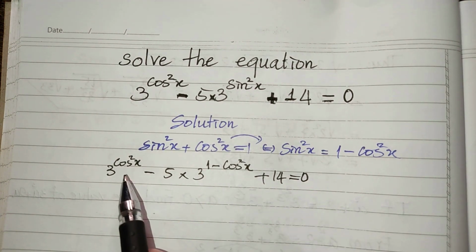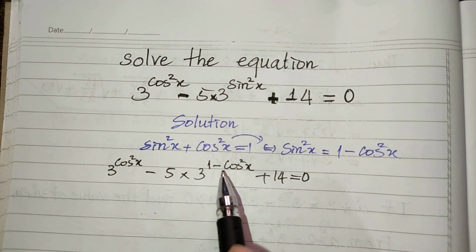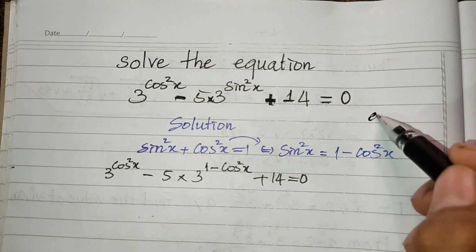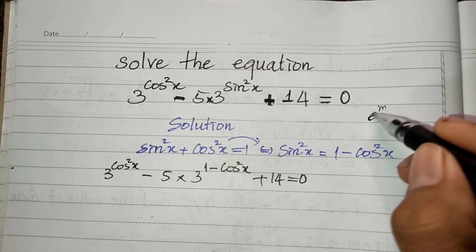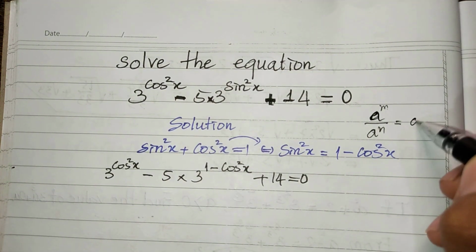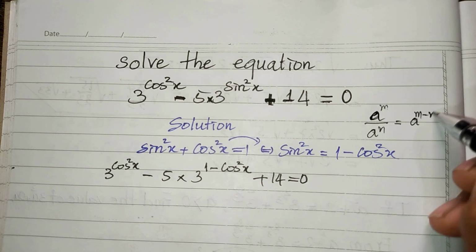Now I use the formula that a to the power m divided by a to the power n equals a to the power m minus n.